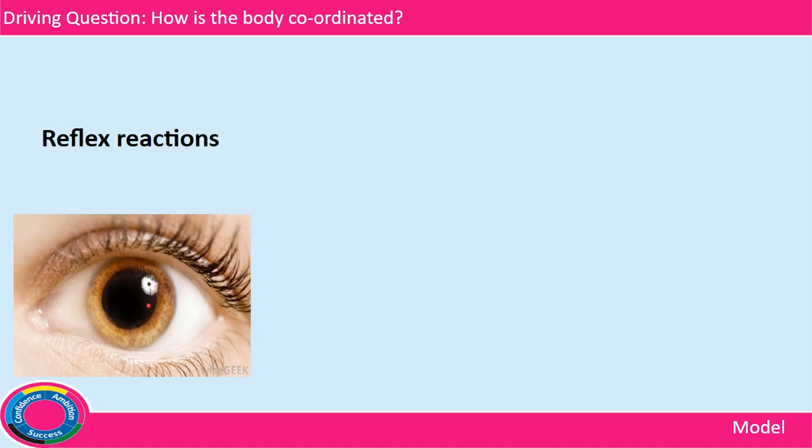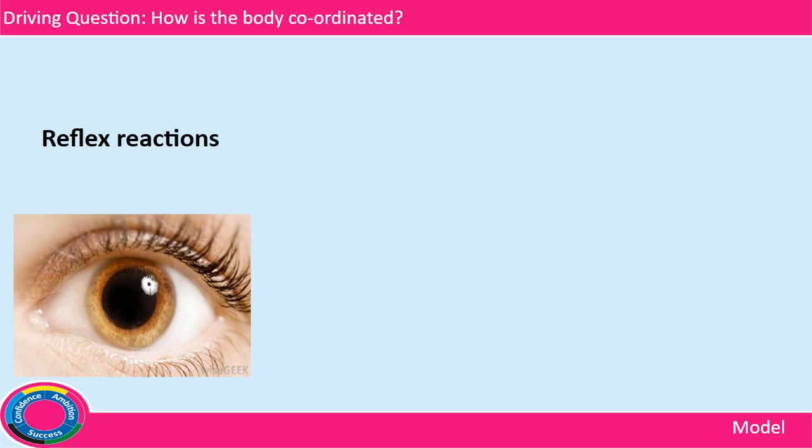You also have an iris, which is the muscle behind the pupil that helps the pupil to dilate or constrict. So your pupil undergoes a reflex reaction. For example, if light is too bright or if light is too dim, your pupil is going to automatically constrict, or your pupil is going to automatically dilate.